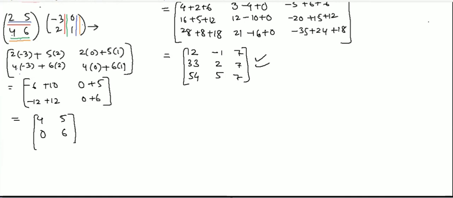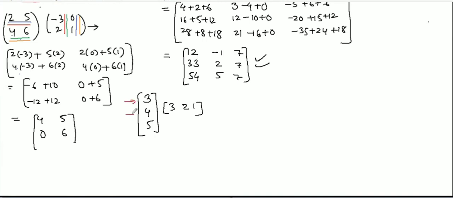Now let's take one more example. If I have to multiply the matrix 3, 4, 5 with this one, 3, 2, 1, can you see here?